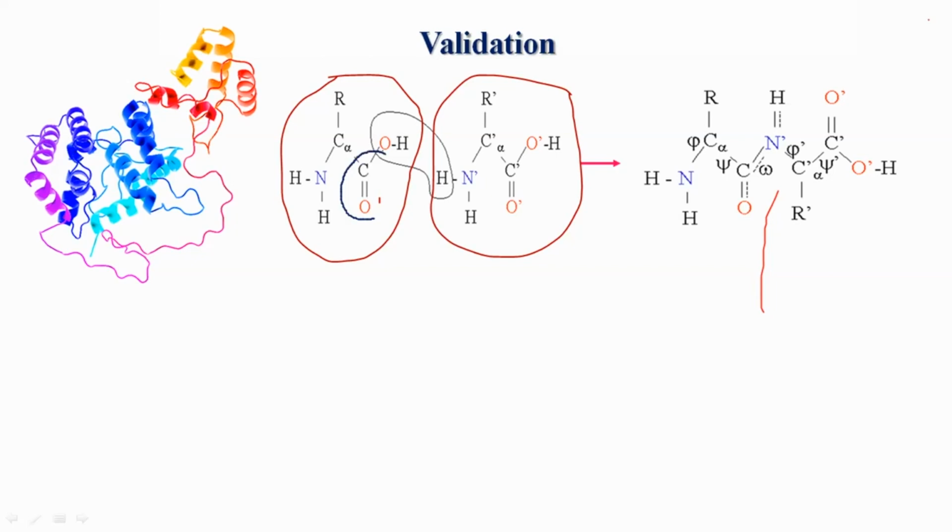The alpha carbon, beta carbon, oxygen, nitrogen and hydrogen are bonded. This CONH bond is nothing but the peptide bond. When two amino acids are bonded to each other, a water molecule is released.